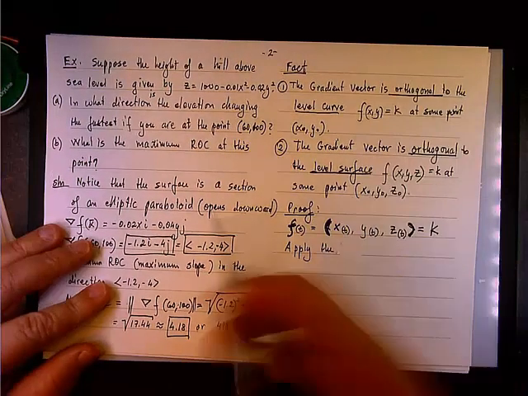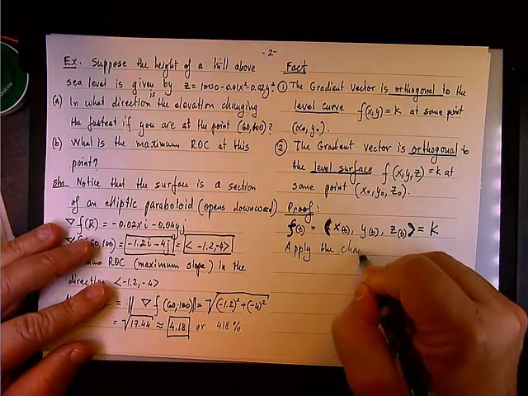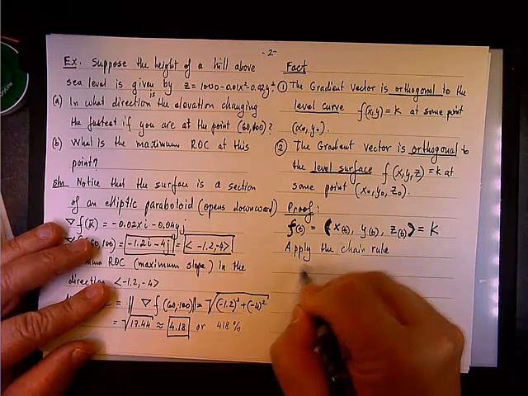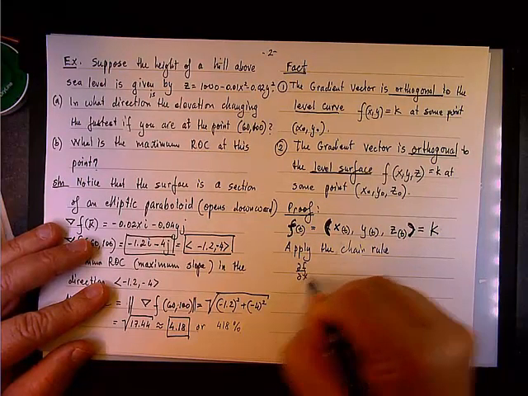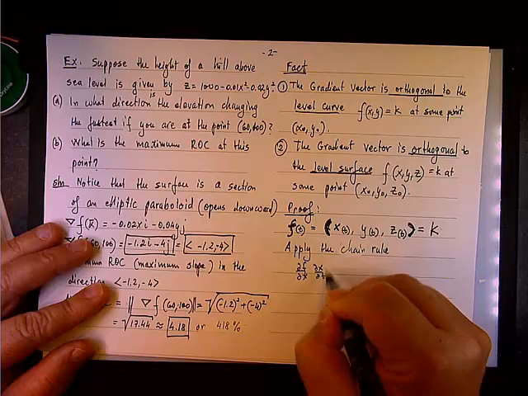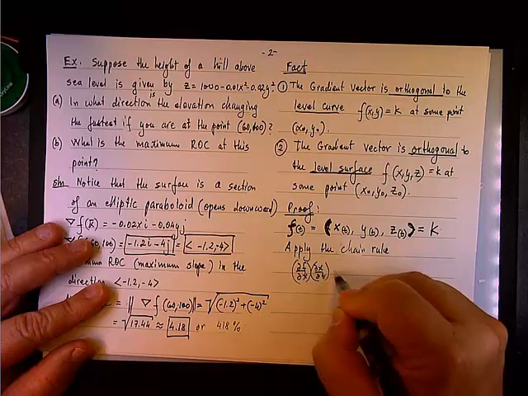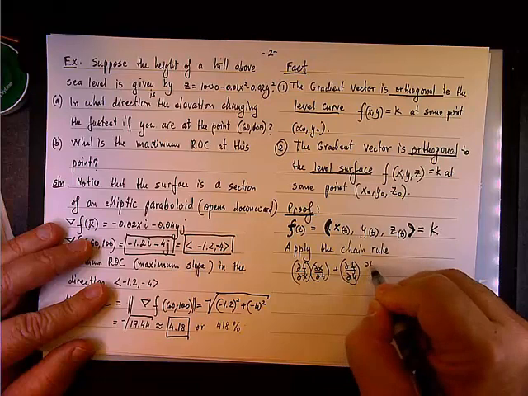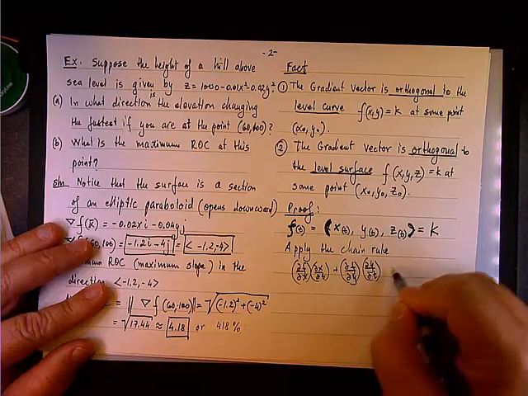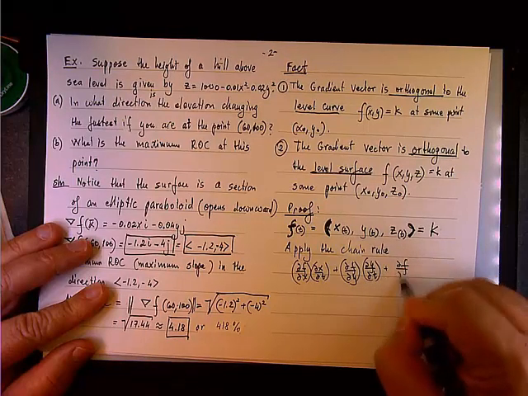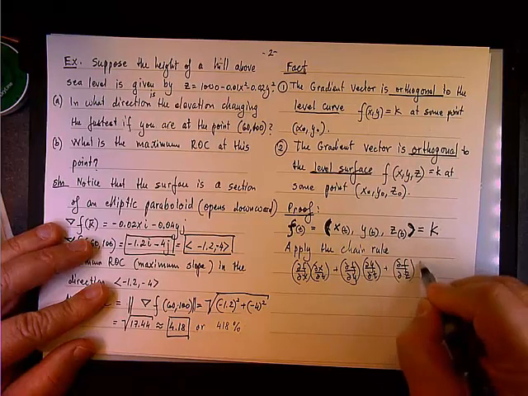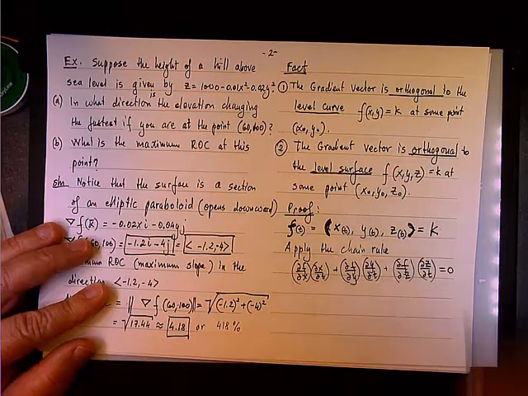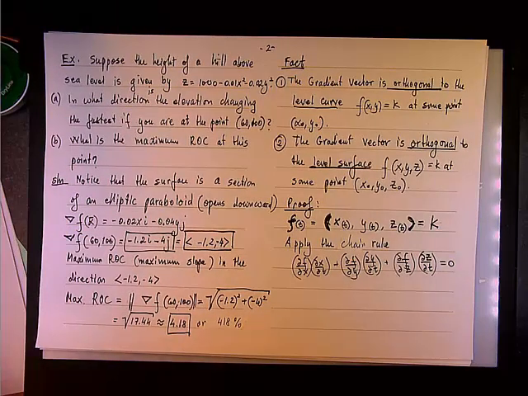So let me rewrite. Applying the chain rule, what you have is del f, del x, del x, del t, plus del f, del y, del y, del t, plus del f, del z, del z, del t, and the derivative of k equals 0.